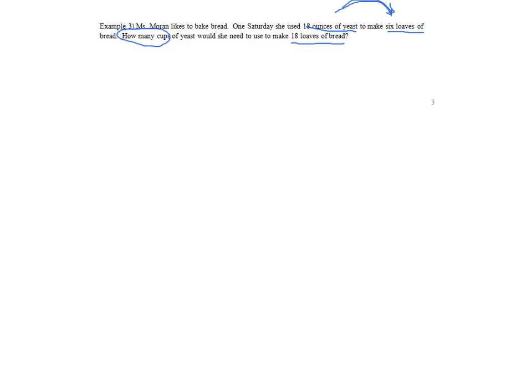This is a proportional relationship, and we use the USA box to show those proportional relationships. So start all the way over in the upper left-hand corner. What are units? Well, we started off with ounces, which we abbreviate OZ, and the other unit is 18 ounces of yeast to make 6 loaves.